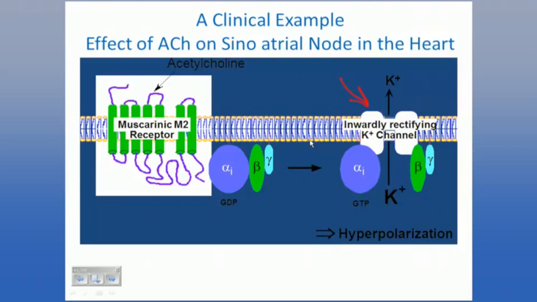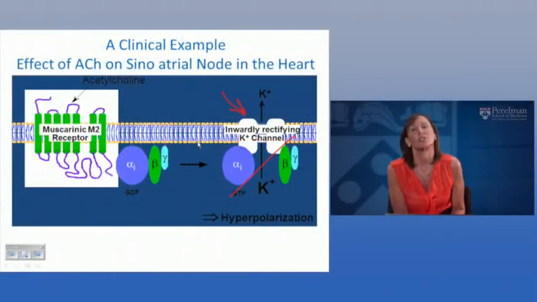In this particular example, the dissociation of the alpha from the beta and the gamma subunits alters the transport of potassium from the intracellular domain to the extracellular domain, resulting in hyperpolarization. This reduces the ability of the sinoatrial node to activate, with the net effect being a reduction in heart rate.